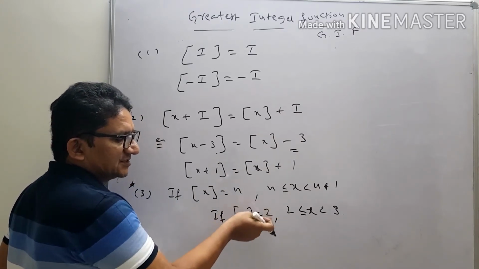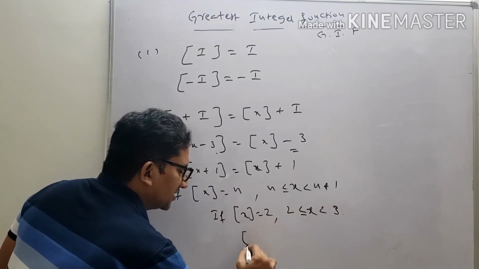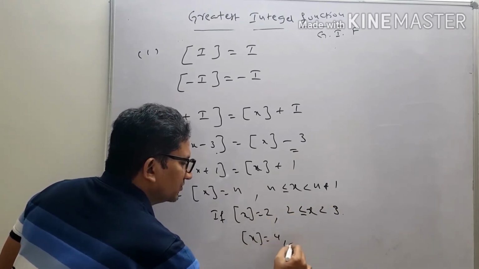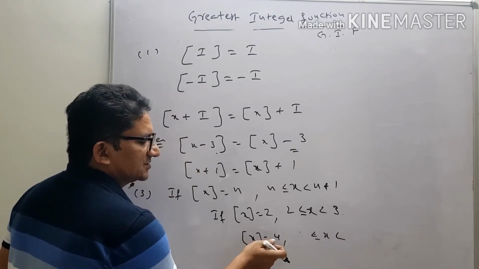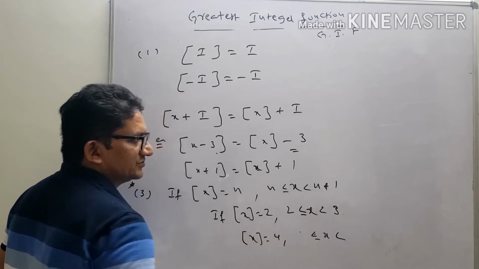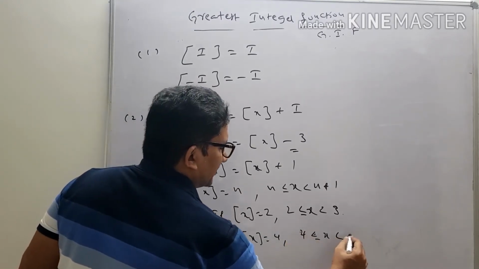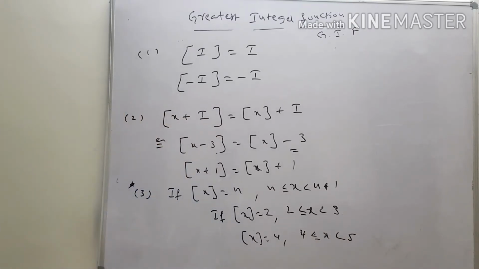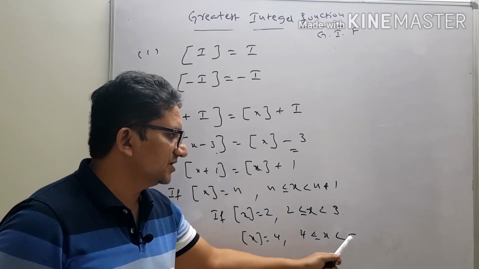If box of x is equal to 4, then x lies in between which two values? 4 and 5. If box of x is equal to 4, then x lies in between 4 and 5.